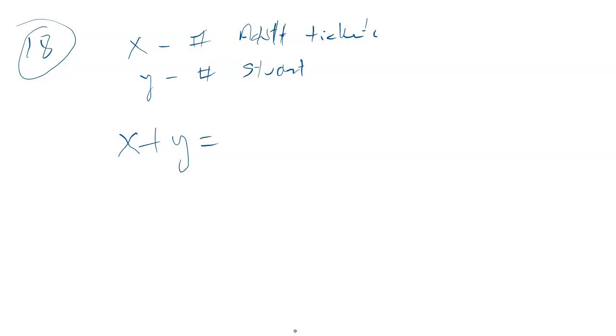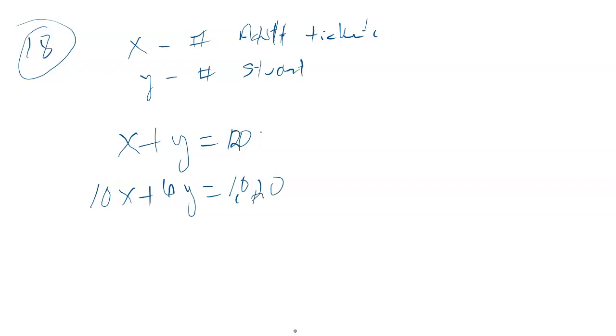So let x equal the number of adult tickets, and let y equal the number of student tickets. 120 tickets were sold, so x plus y equals 120. And we got 10x plus 6y equals 1,020.